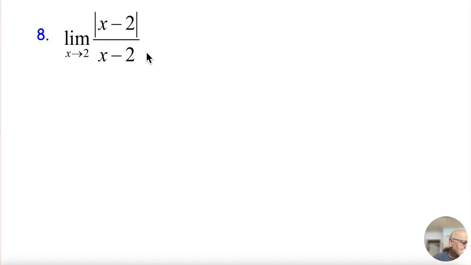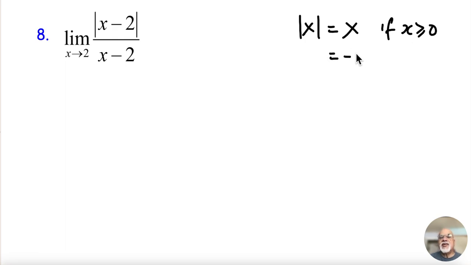And that is absolute x. The absolute value function always poses problems because you don't know how to actually break this down. But just remember what the definition of absolute x is. Absolute x is equal to x if x is greater than or equal to 0, and it's equal to -x if x is less than 0.